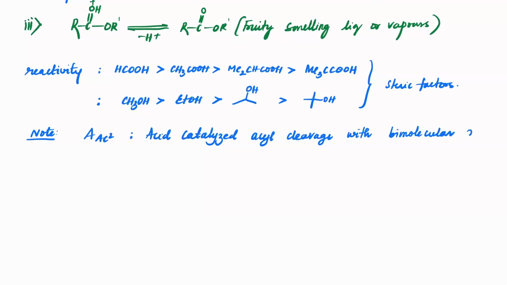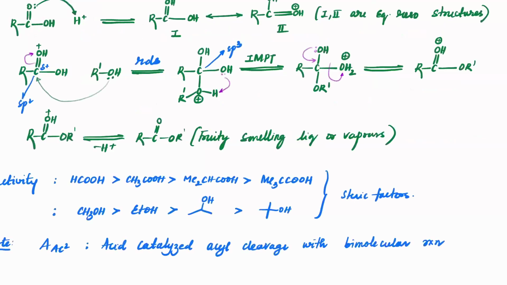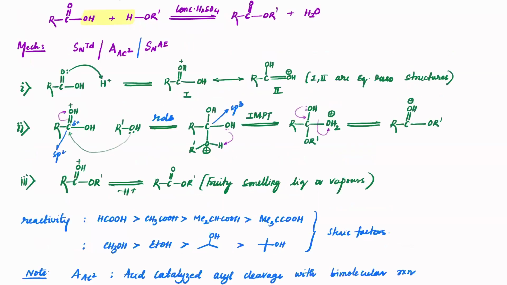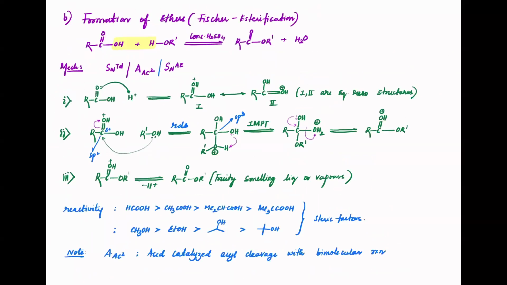Why bimolecular? In the rate determining step, two molecules are involved. That's why it is a bimolecular reaction. All right. So very important step, everybody. So this is how the esterification will take place. Clear?